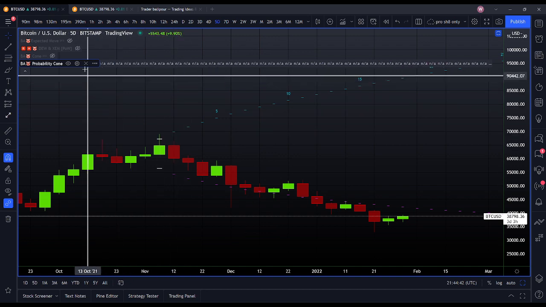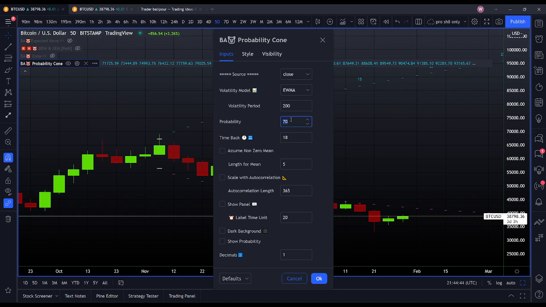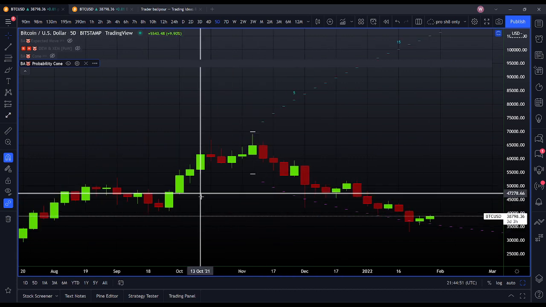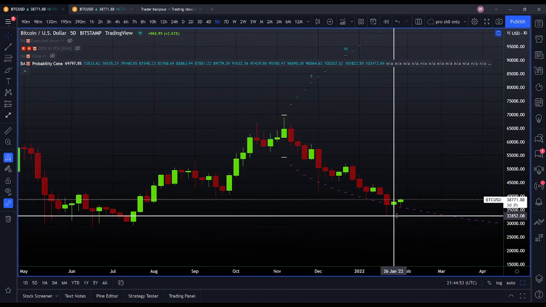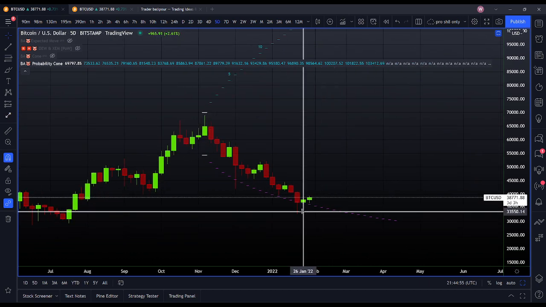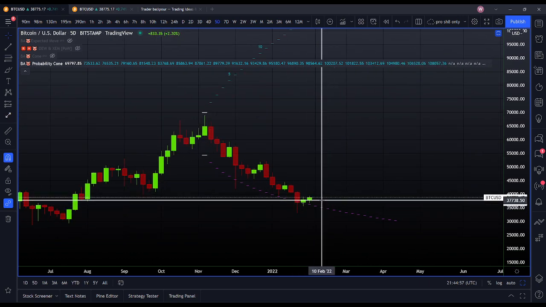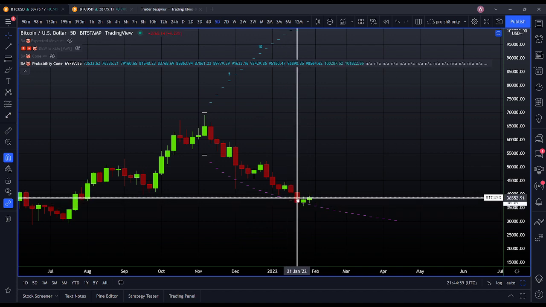And then we can say, okay, let me see, let's see 86, so a standard deviation and a half roughly. All right, so we're about that 1.5 standard deviation here. So 86%.